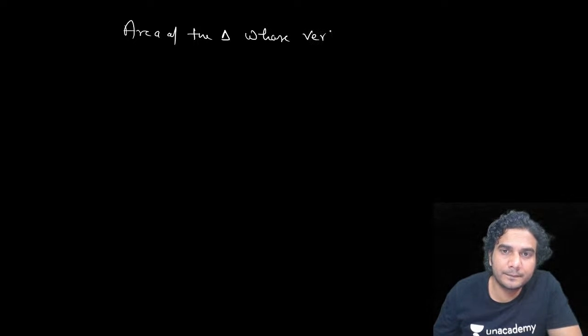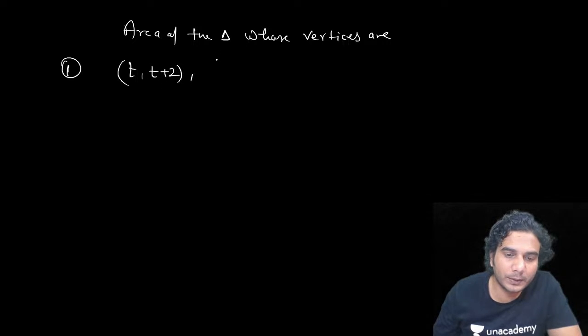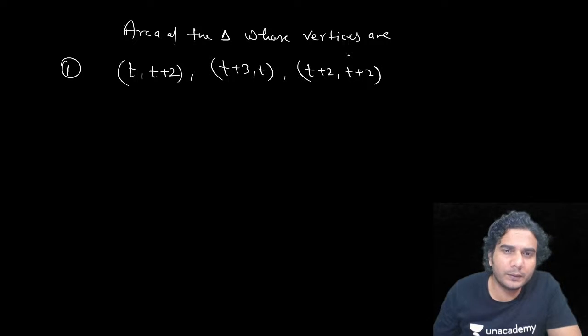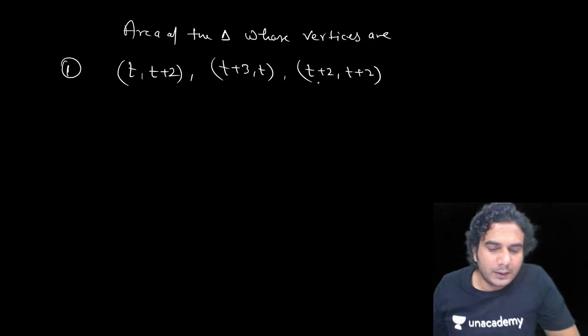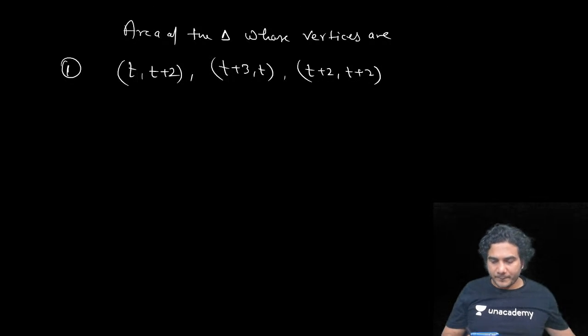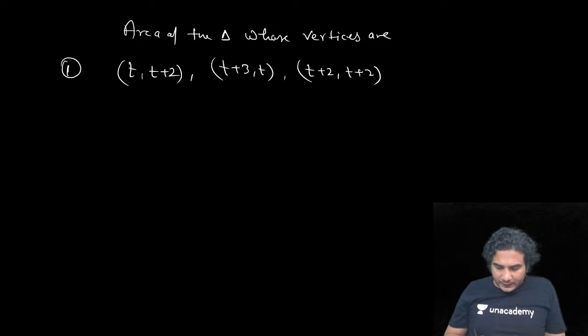Find the area of the triangle whose vertices are t comma t plus 2, t plus 3 comma t plus 2, t plus 2 comma t plus 2. All right, so the vertices are given in terms of some parameter t. Find the answer.